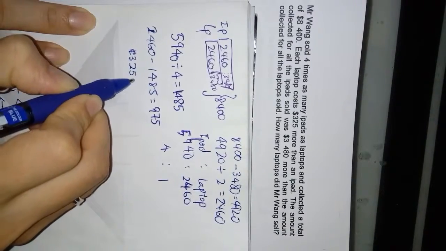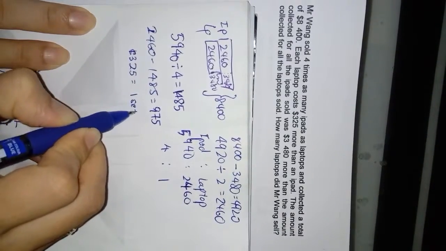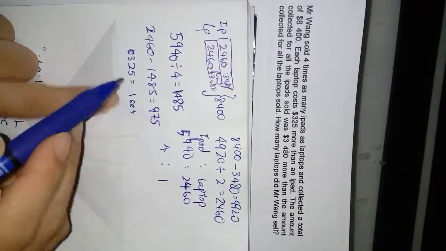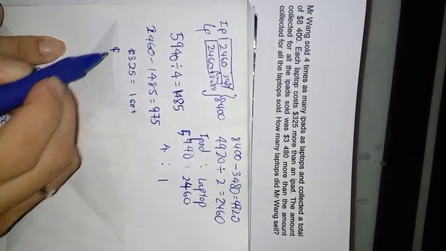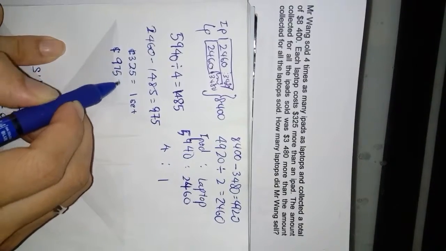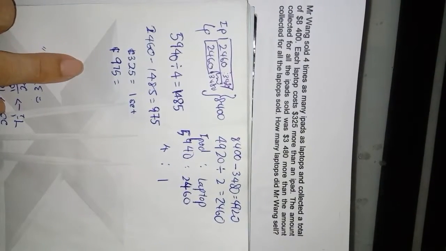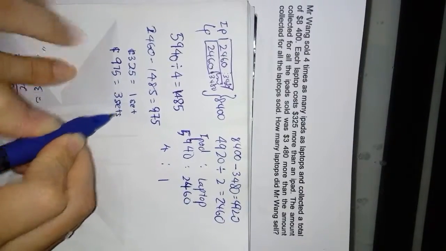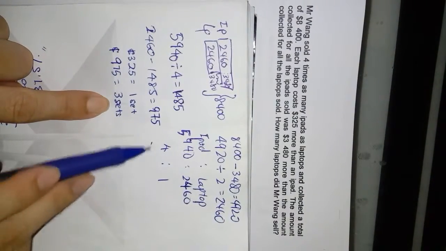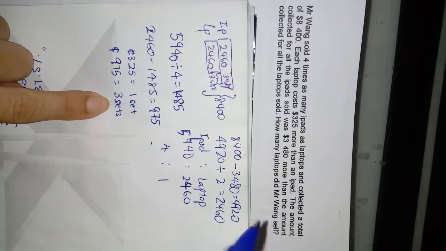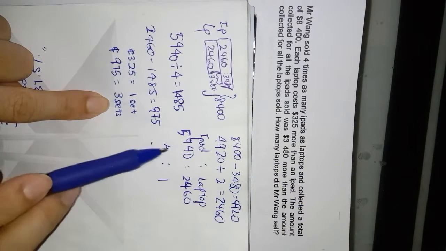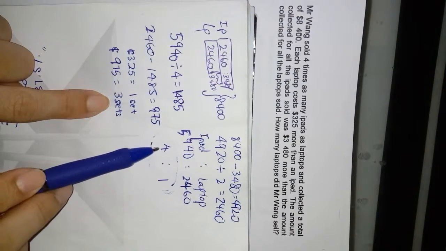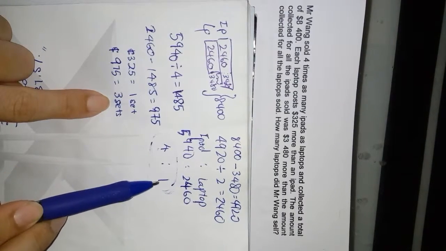You can do this, or you just take 975 divided by 325. It's okay, we'll still mark you correct. How many sets? 325, you get 3 sets. 3 sets of whatever we're talking about here. So how many laptops did Mr. Wong sell? 1 set of this, you get 4 iPad, 1 laptop.